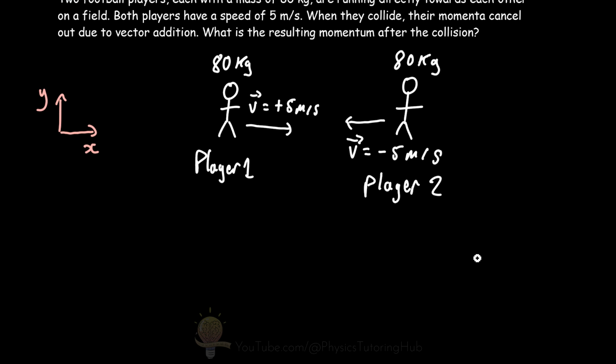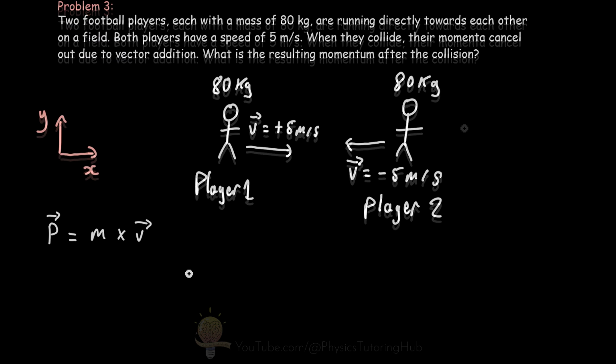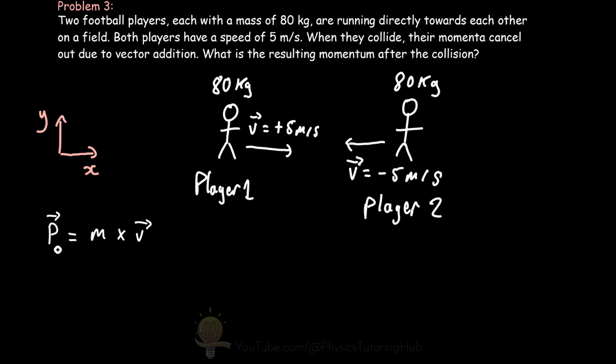So to solve this problem, let's first calculate the momentum of each player before the collision. And the direction of the momentum is going to be the same as the direction of the velocity. So player 1's momentum will be in this direction, and player 2's momentum will be in this direction.